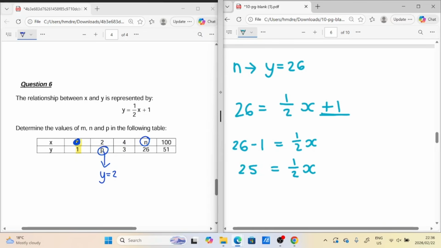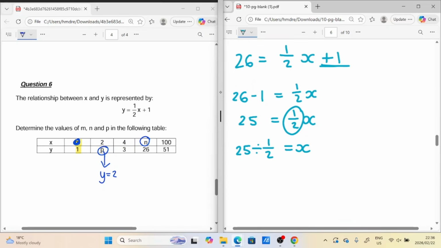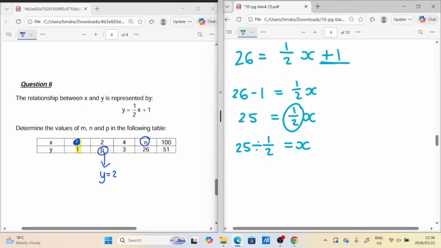We want x by itself. We're going to get rid of this half. We were timesing. When we take it across, we're going to divide. So 25 divided by a half is equal to x. If we're dividing, we go 25 times 2 over 1 is equal to x.